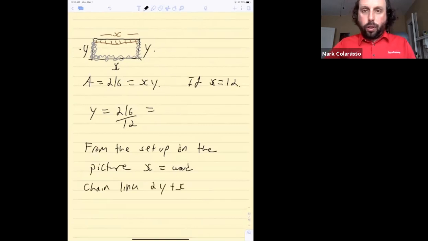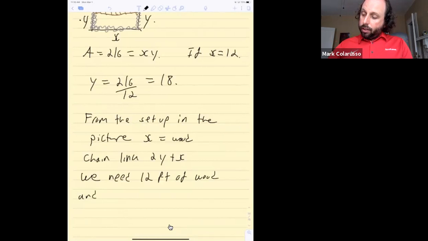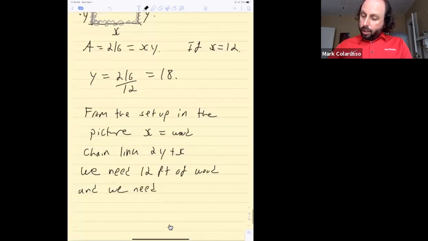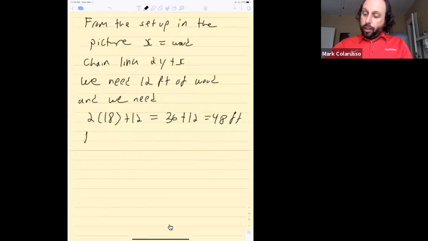And actually 216 over 12 is not 48, sorry. So 216 over 12 works out to be 18. Thank you. Okay, so it's 18. And so we need 12 feet of wood. And we need 2 times 18 plus 12 equals 36 plus 12 equals 48. That's where the 48 is. I had remembered. Total feet of chain length.